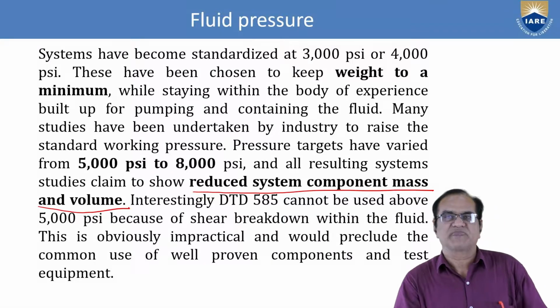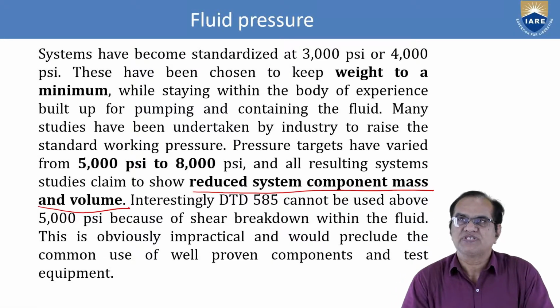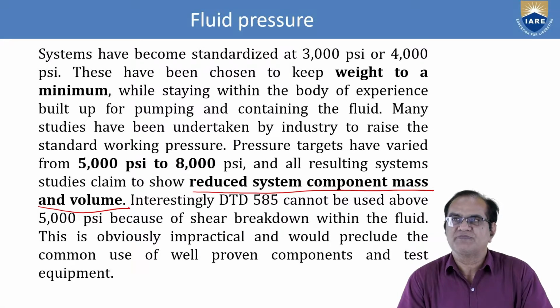Please take note of this. As and when we use 3000 to 4000 psi, the system pressure is not much, so the piping and the pumps are required in big size and the weight of the system will increase.